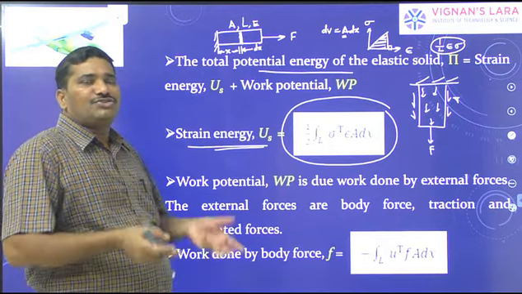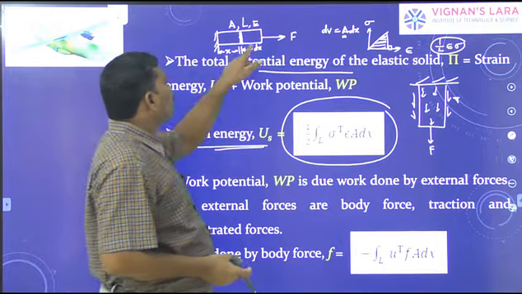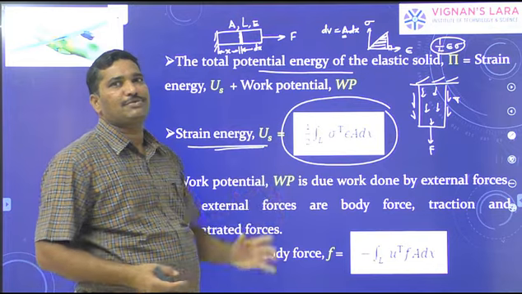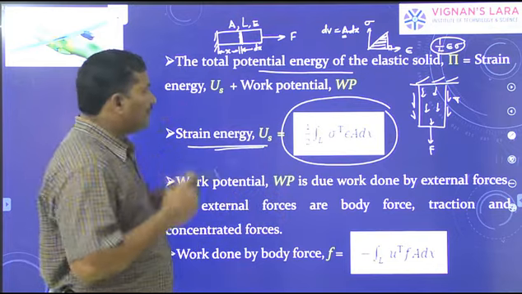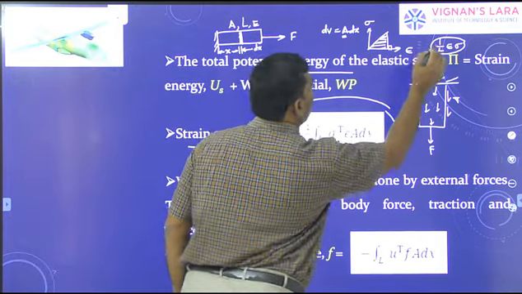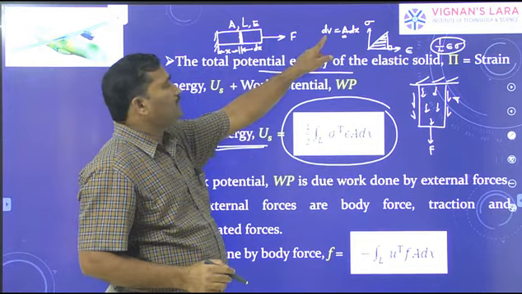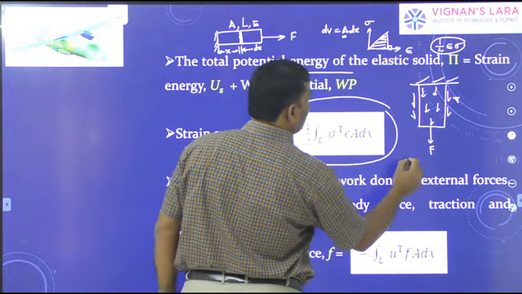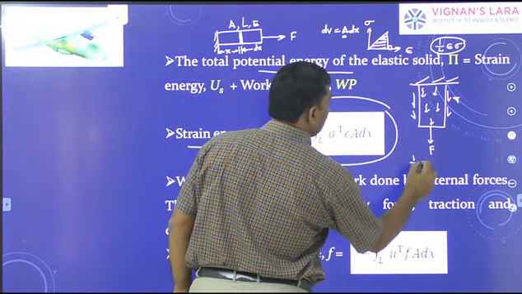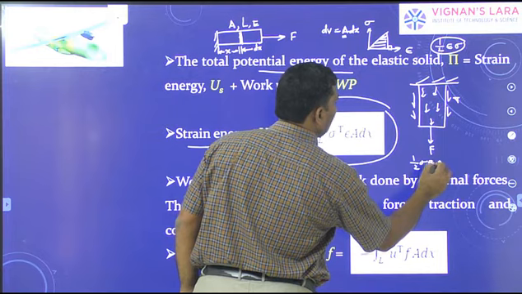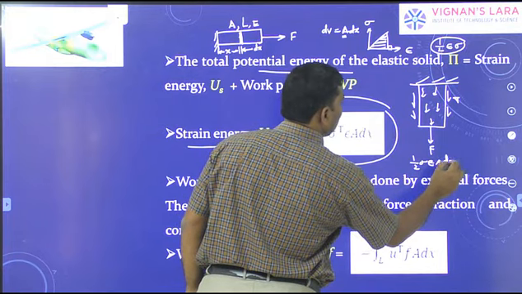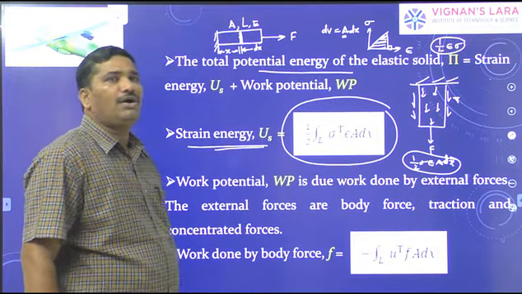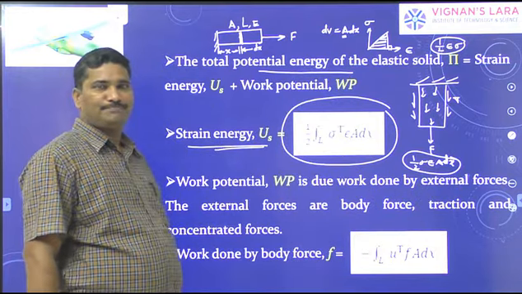Now, the strain energy of this infinitesimal element, at distance x from the fixed support, I determine by multiplying this half epsilon sigma by the differential volume dV. Therefore, if I multiply, I get 1 by 2 into sigma into epsilon into A into dx. This is the expression for determining the strain energy of the infinitesimal element.